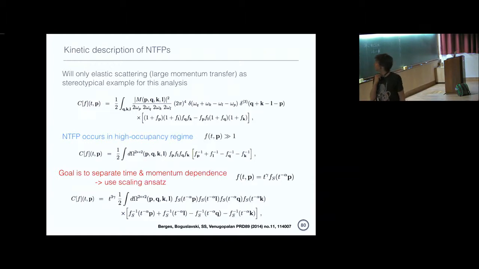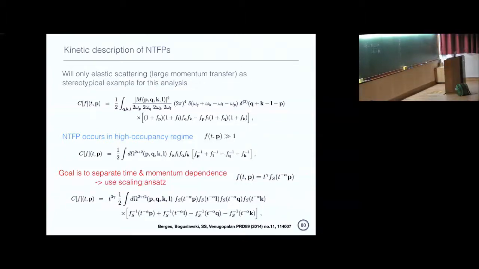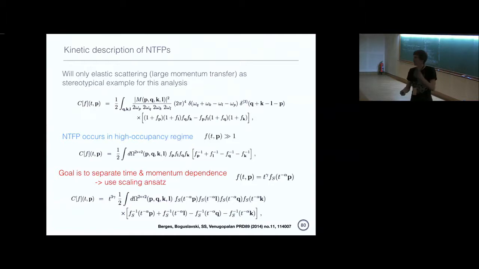What can we do? We can plug this ansatz into the collision integral, taking first the classical limit. This factor I can simply pull out, but then I end up with this distribution evaluated at these somewhat funny scaled arguments.